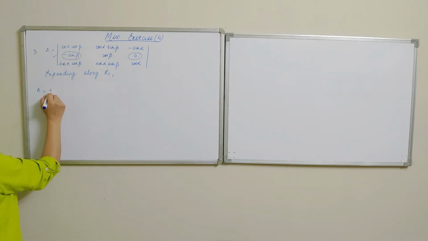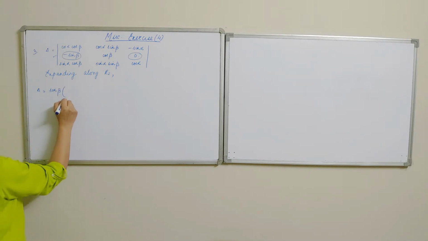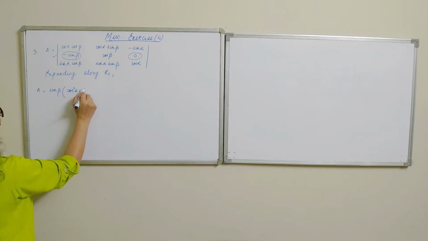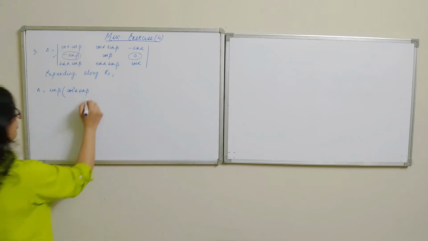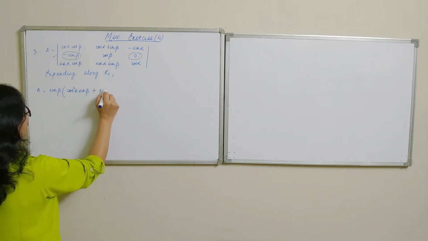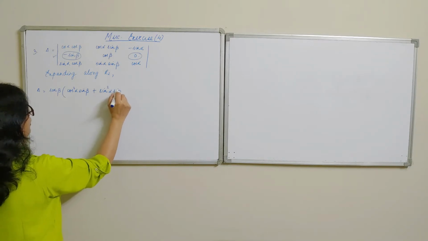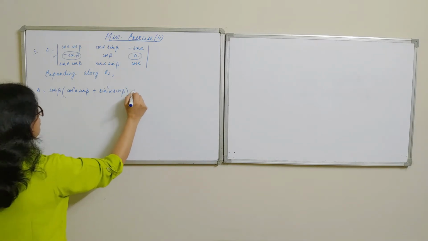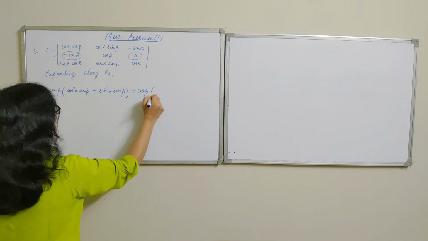So this will change its sign: sin beta multiplied by (cos square alpha sin beta plus sin square alpha sin beta). Next element cos beta.